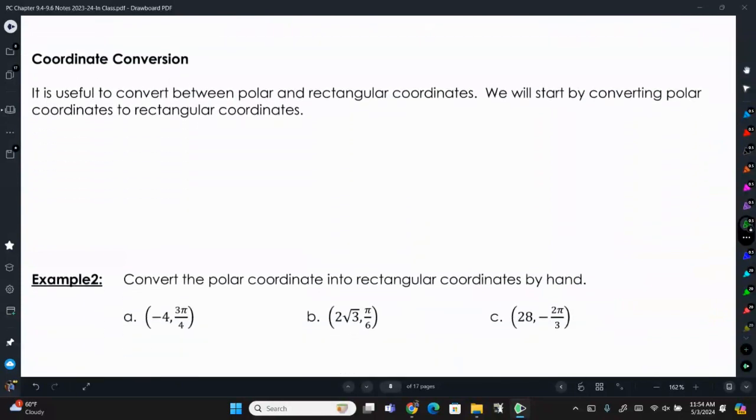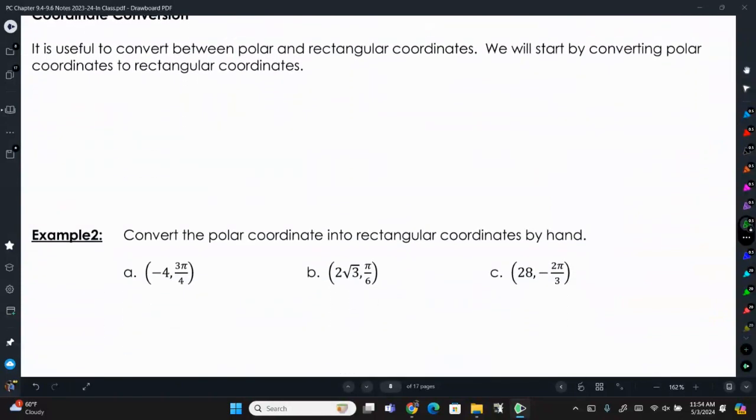Now, the last thing we're going to do is talk about how to convert polar coordinates to rectangular coordinates. And it's the same way that we looked at vectors, where we went from the polar form of that vector to the component form of the vector.